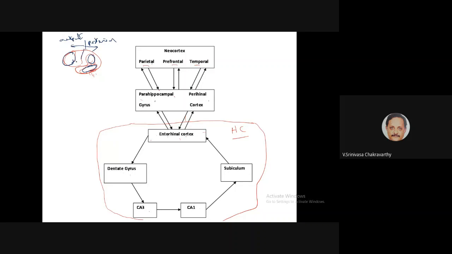The output means there are two parts to the output: producing actual output like motor output, for example, moving hands and legs and stuff like that, or controlling your speech apparatus, right? Primary motor cortex, controlling your limbs and other things.